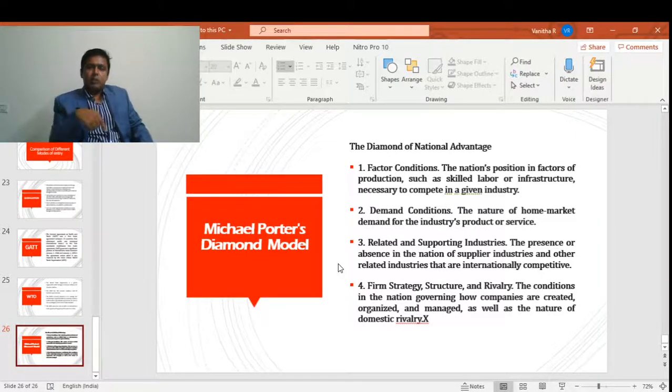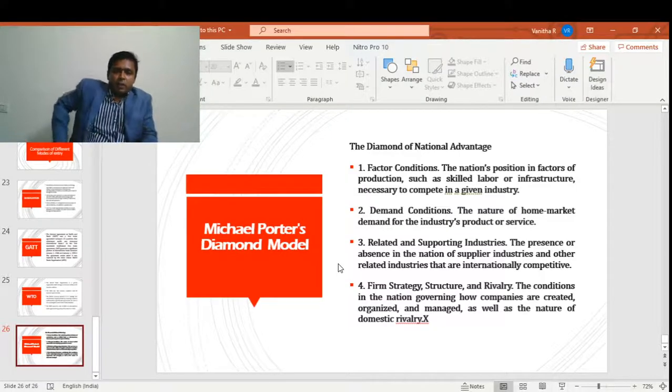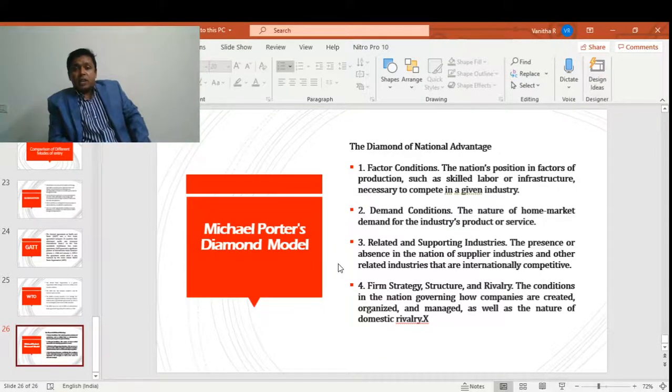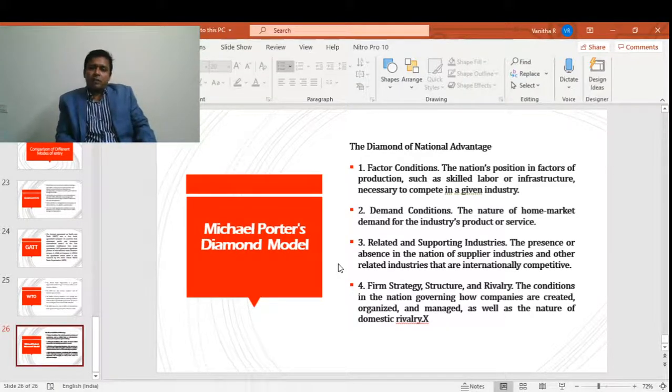The next factor that we need to discuss is firm strategy, structure and rivalry. This is pretty interesting. The conditions in the nation or your country governing how companies are created, organized, and managed, as well as the nature of domestic rivalry.